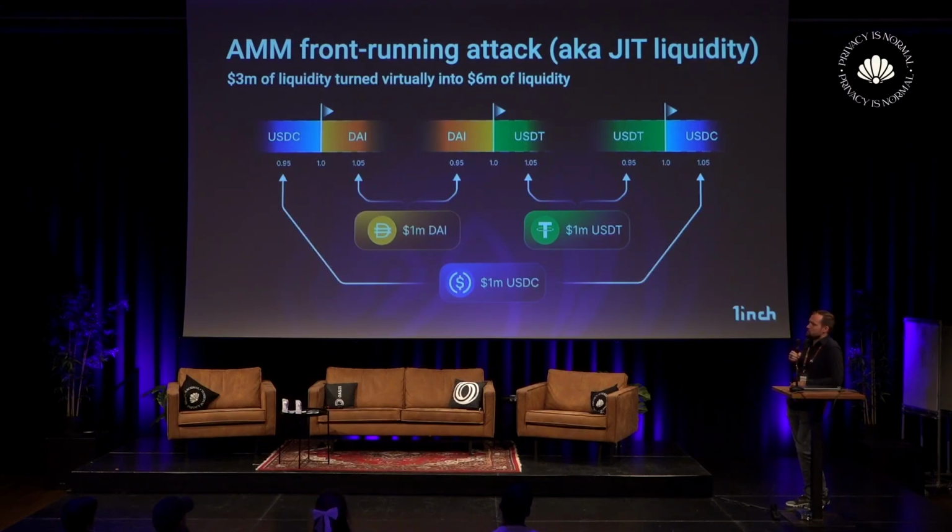They provide liquidity just in time. Whenever they see a huge swap from which they want to get fees, they inject liquidity, and then they withdraw it back. So potentially, it's possible to avoid this, to protect those liquidity providers who are not cheating like that.